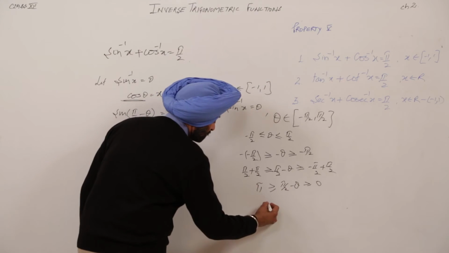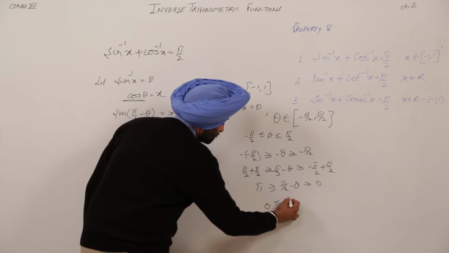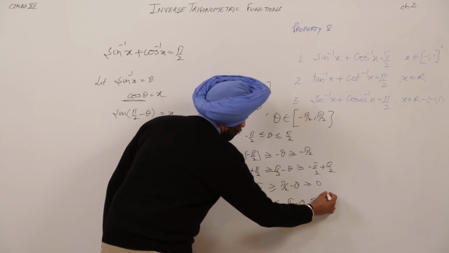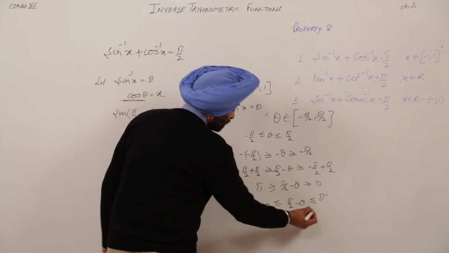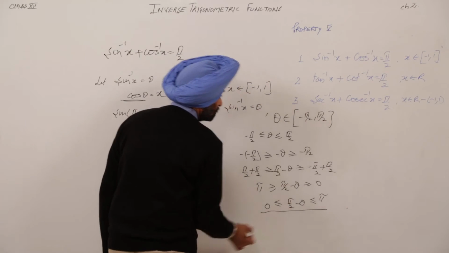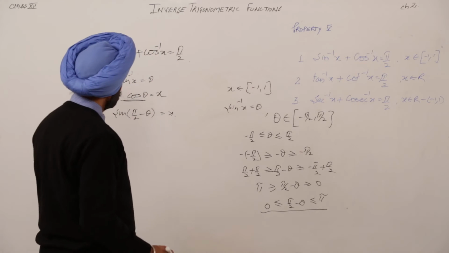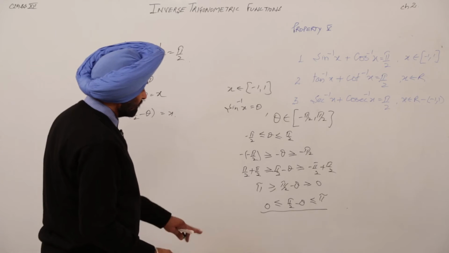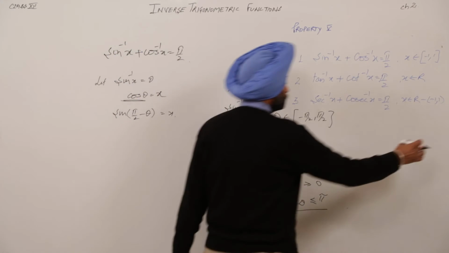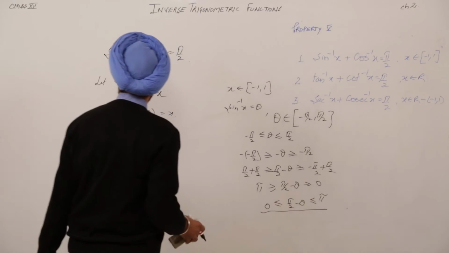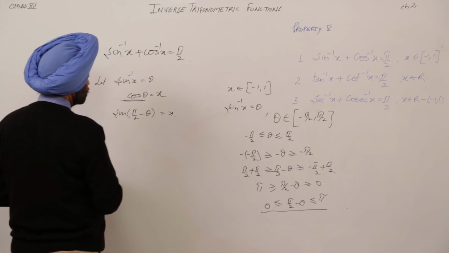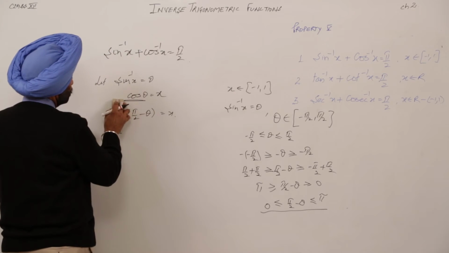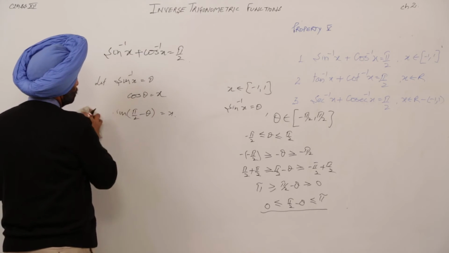Again changing the inequalities, 0 is less than or equal to pi by 2 minus theta is less than or equal to pi. Now this is the thing which was required by us. Now here we had written: let sine inverse x be equal to theta, cos theta is equal to x. I am not using this step right now, I am just changing it.